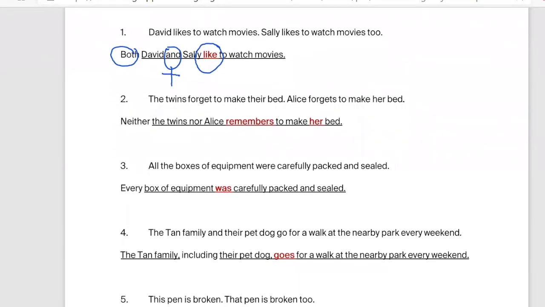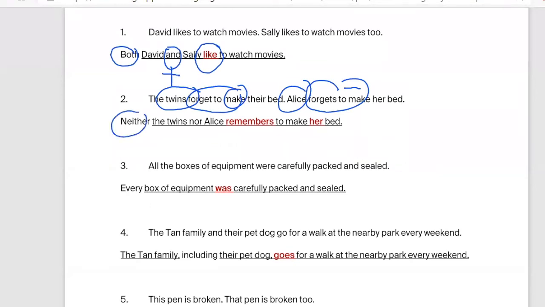Question number 2. The twins forget to make their bed. Alice forgets to make her bed. You see, because make is for the twins, and she forgets, Alice, sorry, makes her bed. In this case, neither the twins nor Alice. Now you're using this to join the sentence together. Therefore, the blank would be here, right?